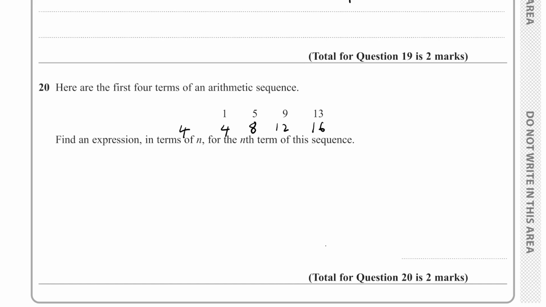The 4 times table is called 4n. So 4 times 1, 4 times 2, 4 times 3, 4 times 4. What have you got to do to that sequence? You've got to take away 3 each time to get to our sequence. So it's the 4 times table, take away 3, 4n minus 3.